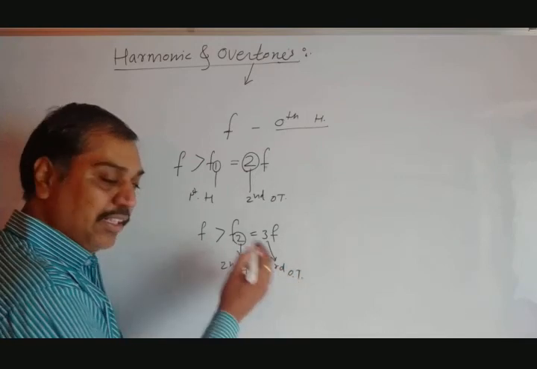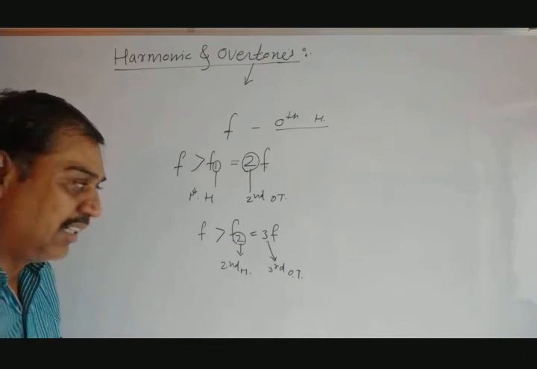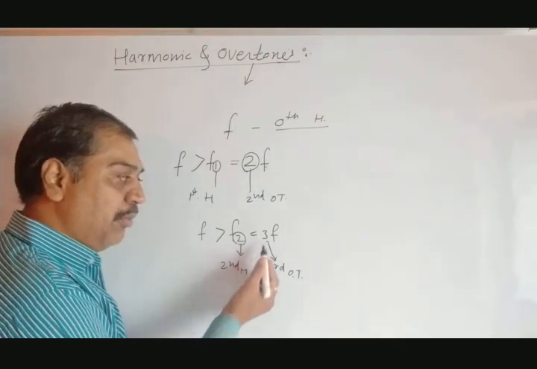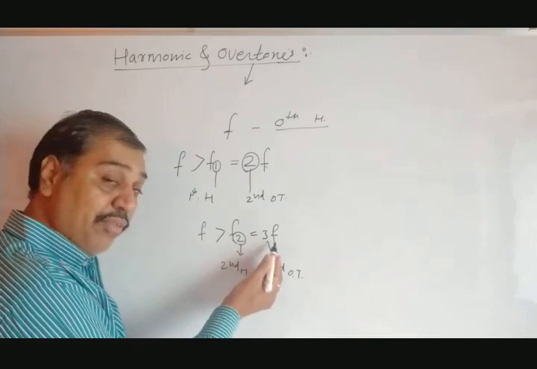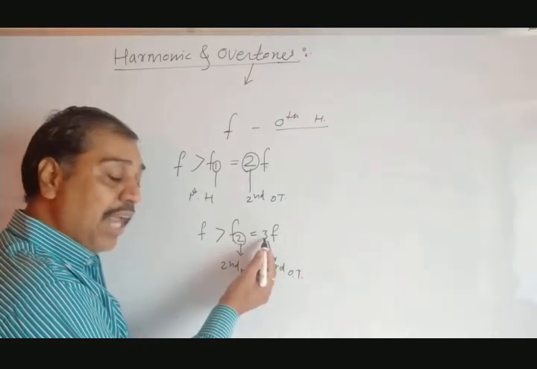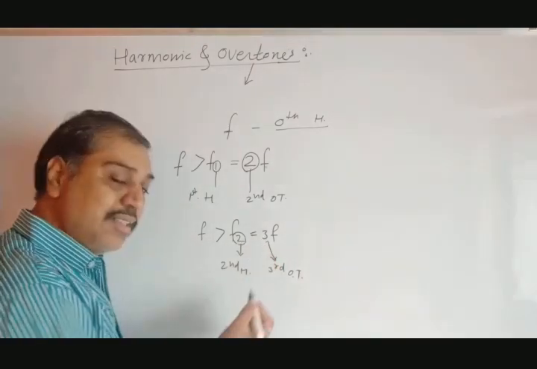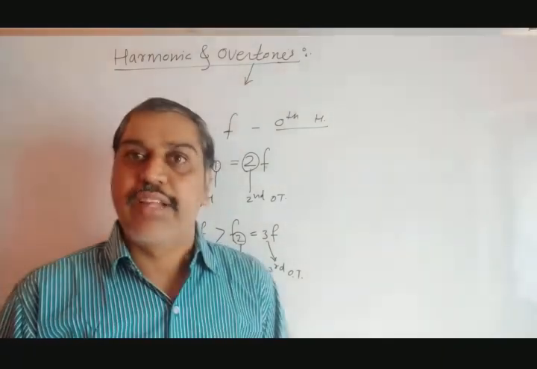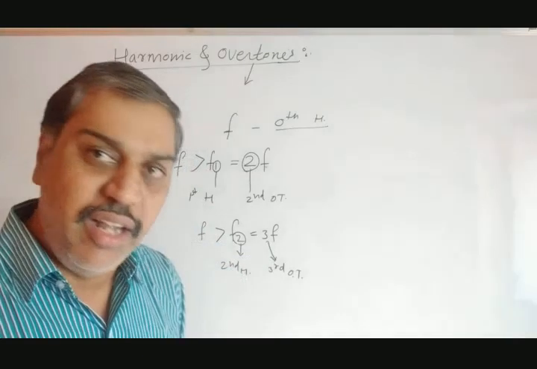So in this fashion, as the frequency increases, thrice F, three times the fundamental frequency, is said to be an overtone. So these are nothing but the harmonics and overtones which are present in a sound.